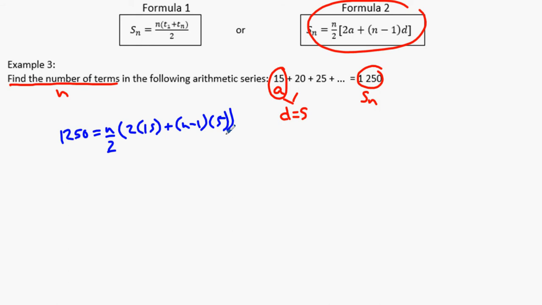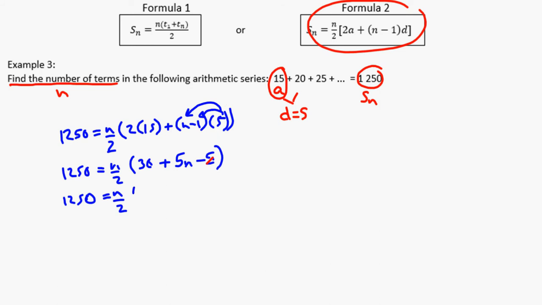There we go. Alright, let's solve what we can. 30 plus. I multiply these together, and I'm going to distribute this guy here. So I'm going to have 5n minus 5. So I get 1,250 equals n over 2, bracket, 25 plus 5n.